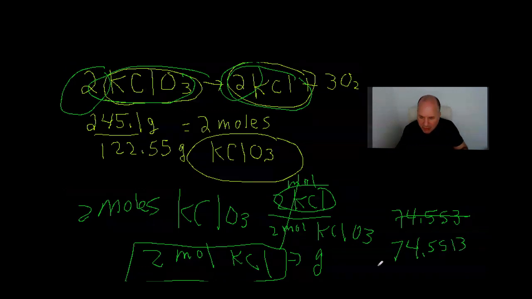You're going to multiply that by 2 to get the grams of the potassium chloride. So let's multiply that by 2. That will give you 149.1 grams, and that's the answer.